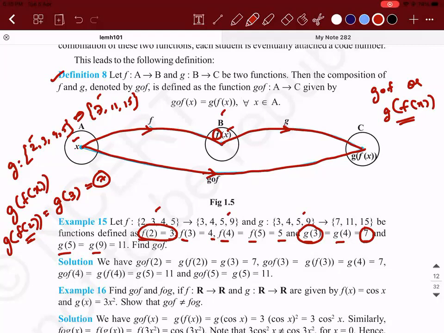In a similar way, can you do it for the other three values? Do it fast. So what are the other values you need to find? g of f of 3, g of f of 4, g of f of 5. Do it fast and tell me.